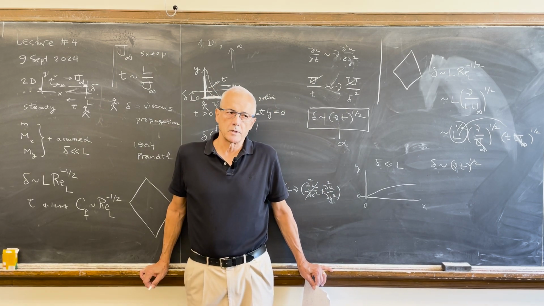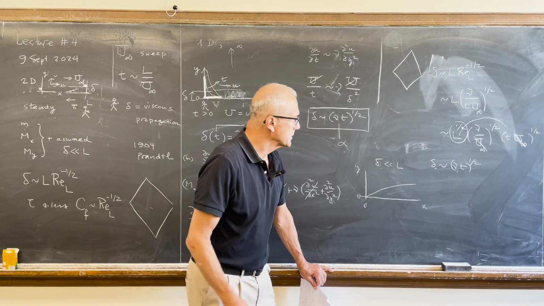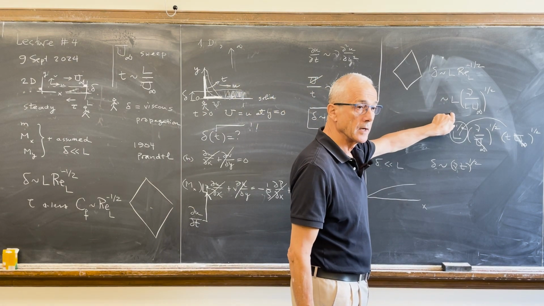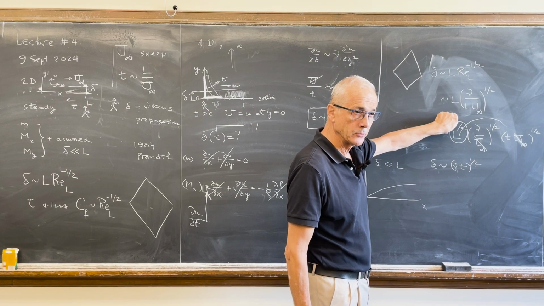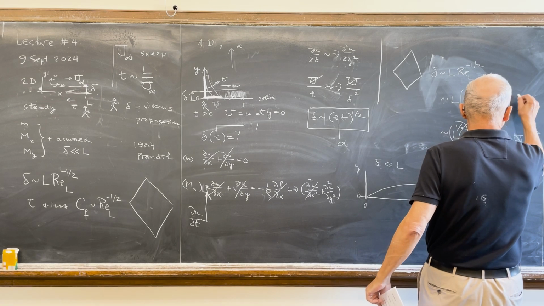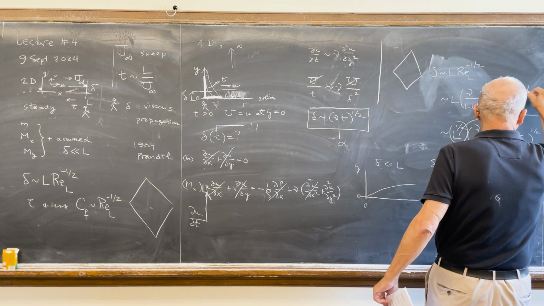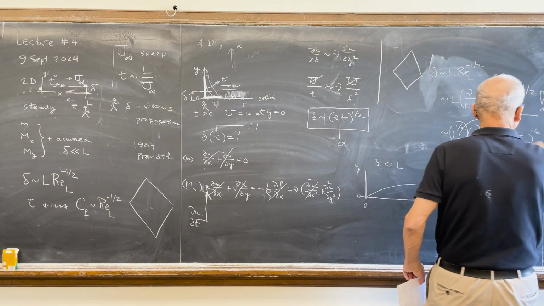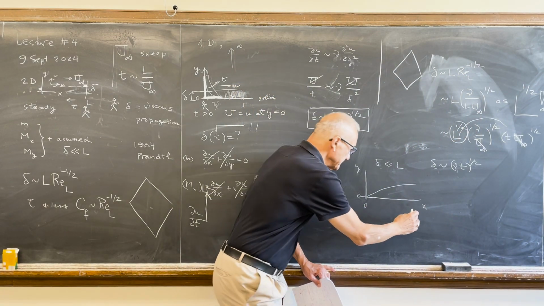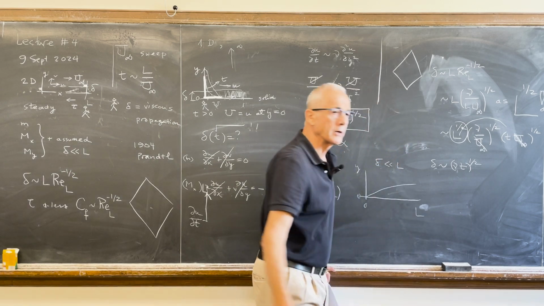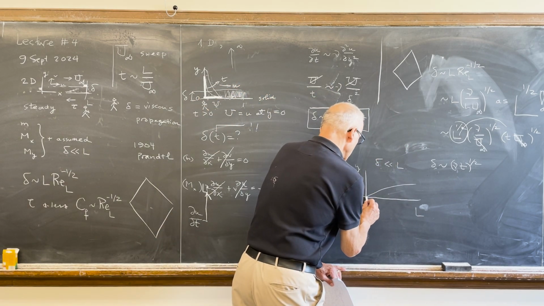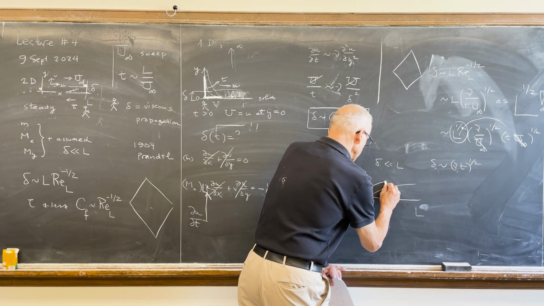Yeah, this drawing is wrong because you see delta increases as L to power 1/2. And L to power 1/2, for that matter, L to a power smaller than 1, is a curve with a blunt nose.